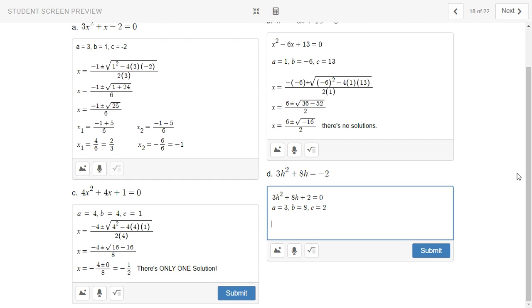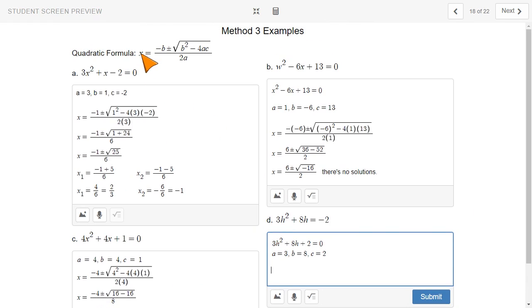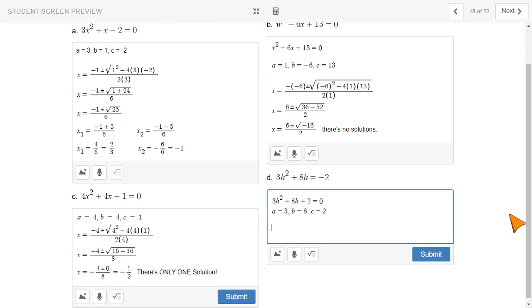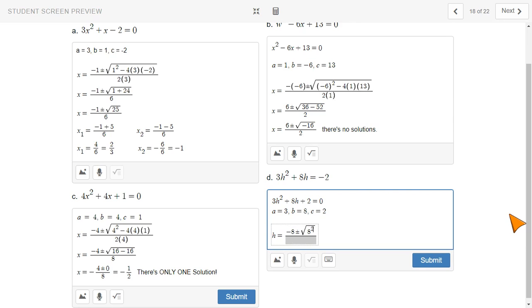Let's use our quadratic formula now, but this time, instead of using the letter x, since the variable is an h, we're going to use h. h is equal to negative b plus or minus the square root of b squared minus 4 times 3 times 2.